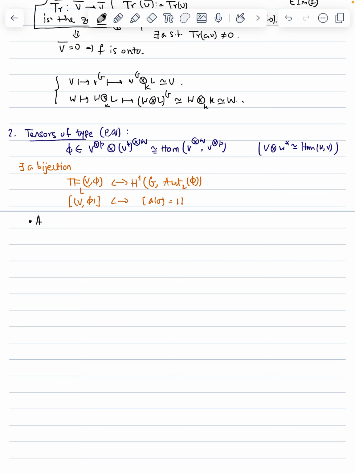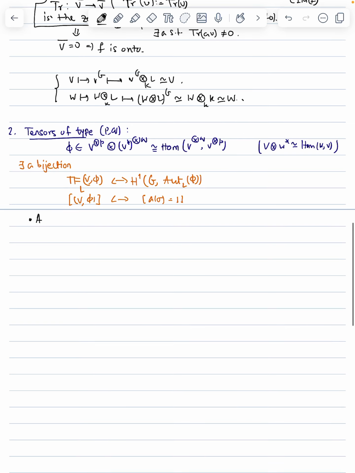So you can talk about this set. We call this the set of central simple algebras of degree n that are split by L. So these are actually by definition the twisted L over K forms of M_n(K), because when you tensor with L, it becomes isomorphic to M_n(L).